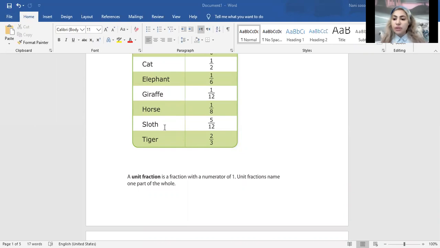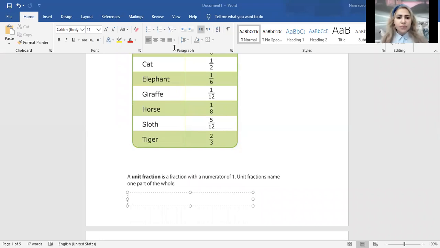Okay, so after you pause the video, what's the unit fraction? The unit fraction is the fraction that has numerator 1. So a unit fraction is a fraction with a numerator of 1. Unit fractions name one part of the whole.